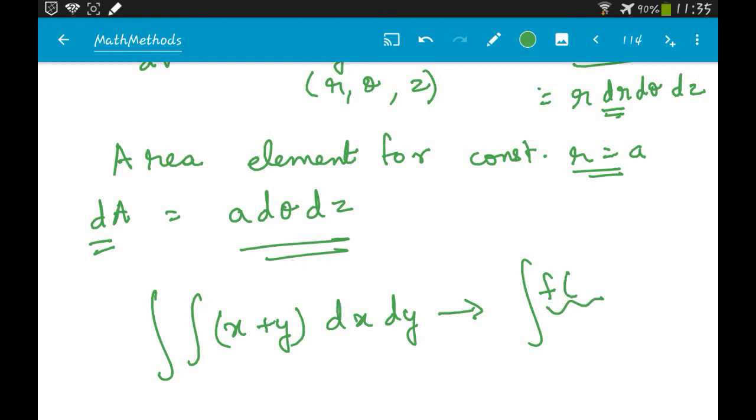So this will be some function of r and theta and dr d theta, so this will be r dr d theta. And this will be your change in integral.